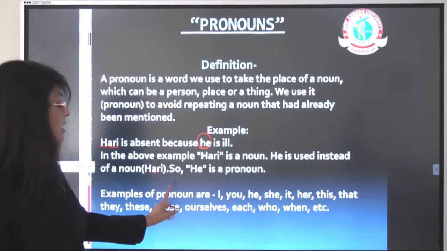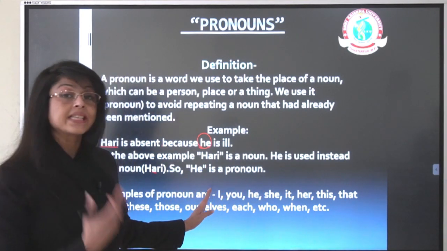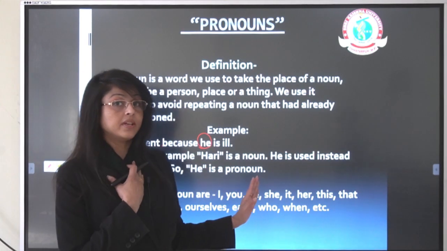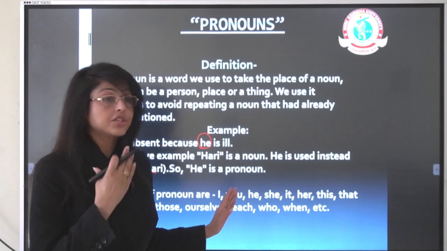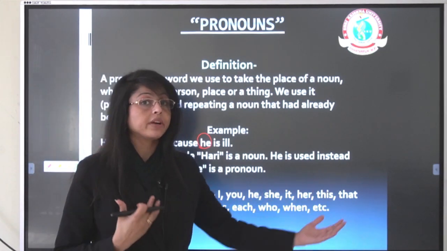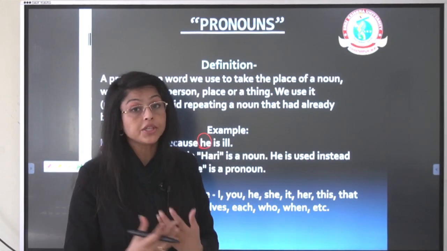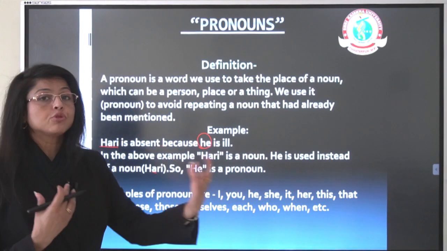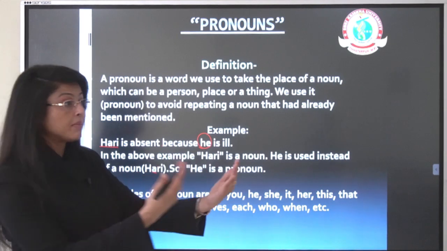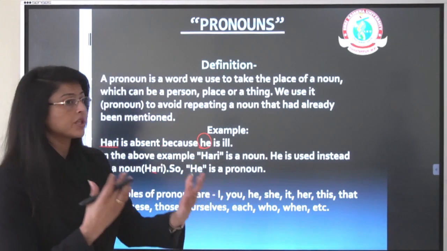Now, some examples of pronouns. I: if I say I am Nivedita, instead of repeating Nivedita over and over again in a conversation or in a sentence, I say I. If I am talking to Ram, Ram is a second person, so I'll say, Ram, what are you doing?